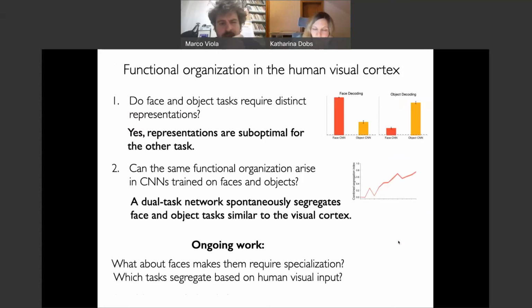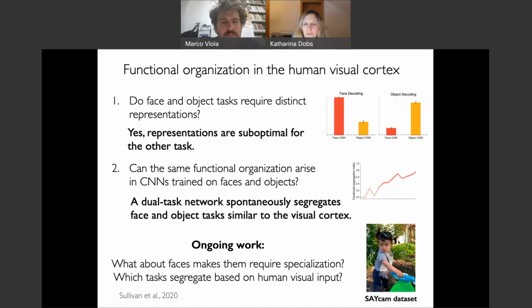And so, yeah, there are many questions following this work. What about faces makes them require specialization? And which tasks generally segregate based on human visual input? So here we trained these models quite arbitrarily on 50% faces, 50% objects.